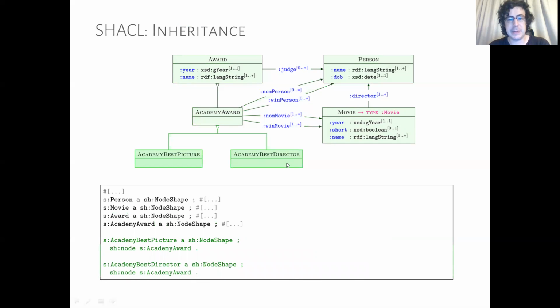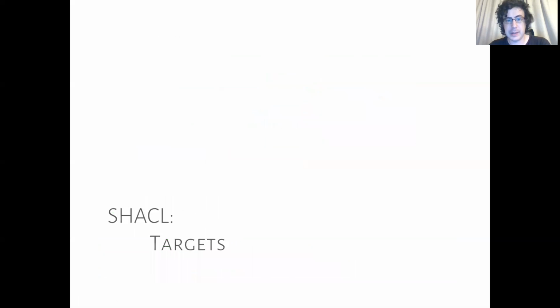And finally, Academy Best Picture and Academy Best Director, we just simply do as we saw before. We say that each node targeted by this shape must also satisfy the Academy Award node shape. So hopefully that's relatively clear. So that's a high level overview.